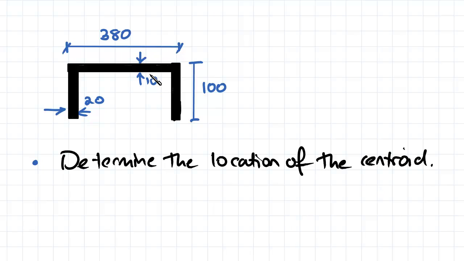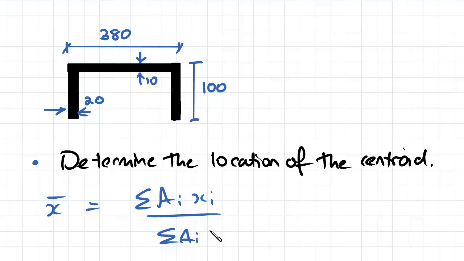So let's quickly review the equations to determine the centroid. x bar, which is the distance from an arbitrary reference axis to the centroid, is equal to the sum of the areas multiplied by the x distance from that reference axis, divided by the sum of the areas.